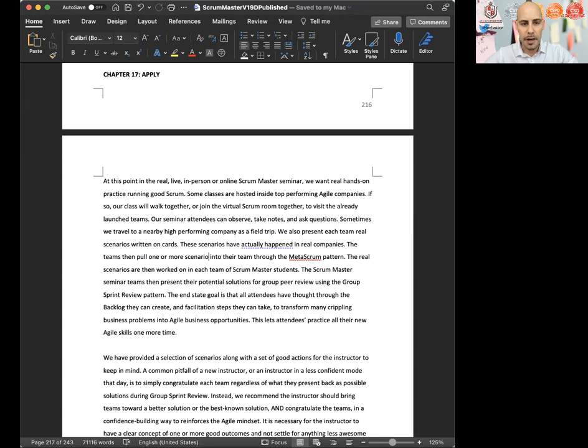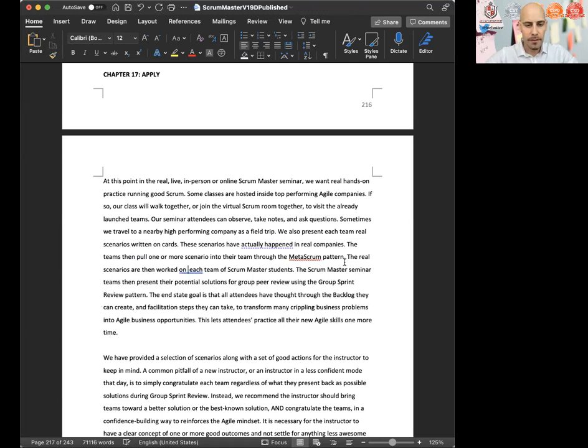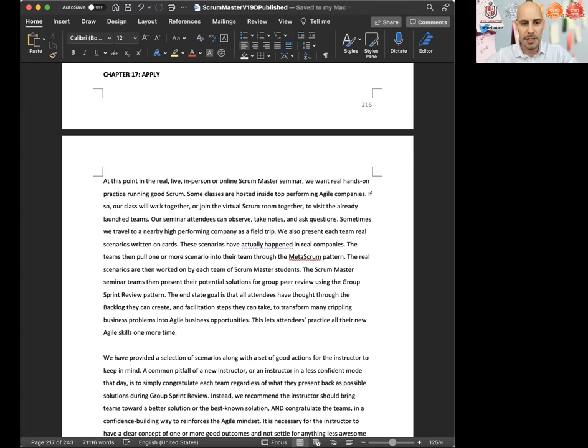The real scenarios are then worked on in each team of Scrum Master students. The Scrum Master seminar teams then present their potential solutions for group peer review using the group sprint review pattern.